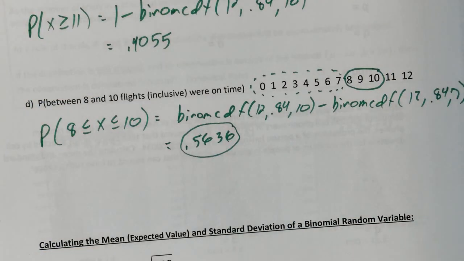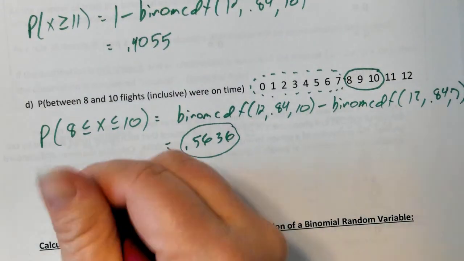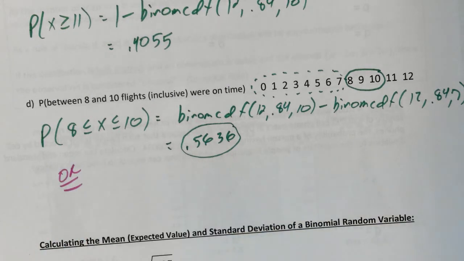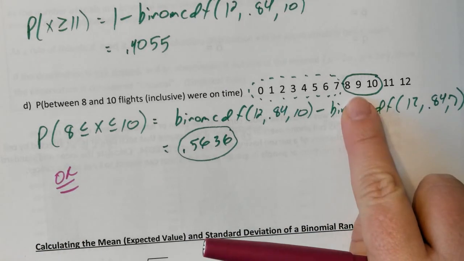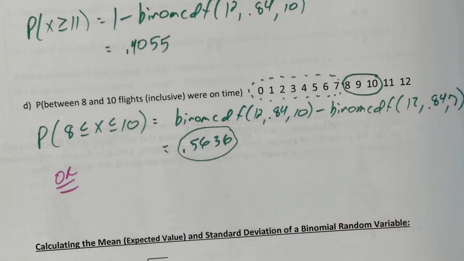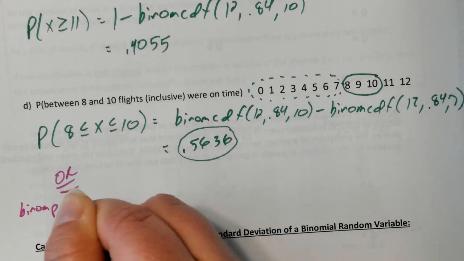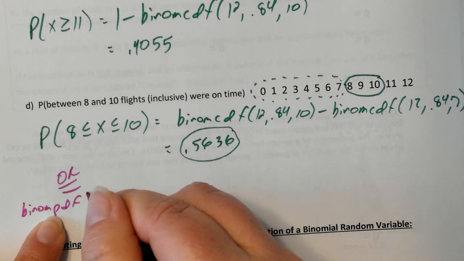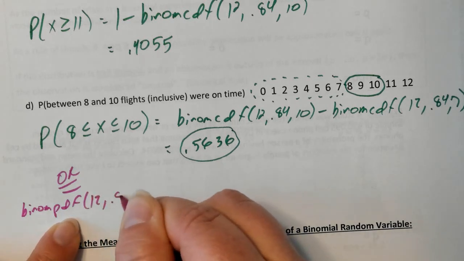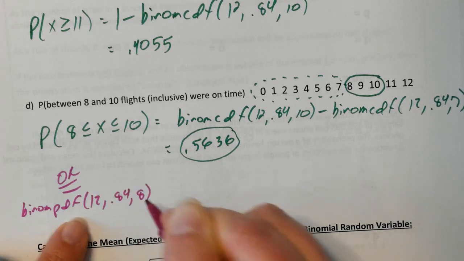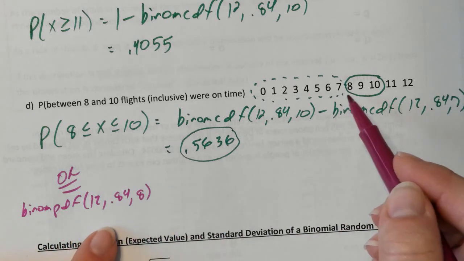Or, here's option 2, since it's only 3 numbers that I'm interested in, the 8, the 9, the 10, another way I could do it is binom PDF. Remember, PDF is an exact number. 12.84, 8. That will give me the probability of exactly 8.